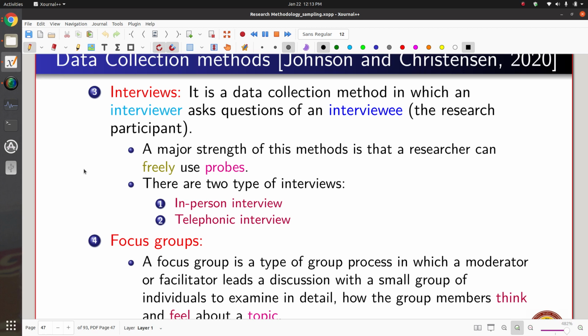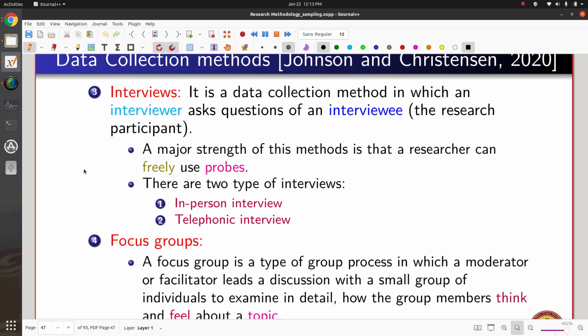Once you have prepared a questionnaire and given it to your participant, the participant will reply only to the set of questions that you have given. But you cannot ask a different set of questions, or dynamically add questions for your participant.